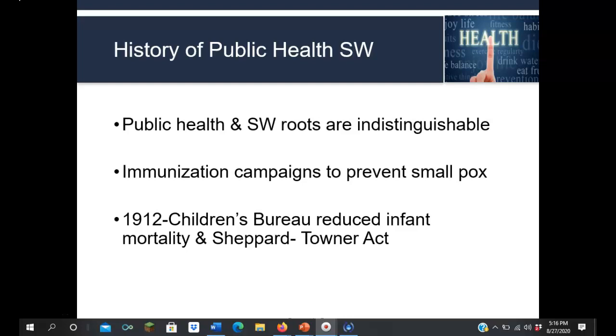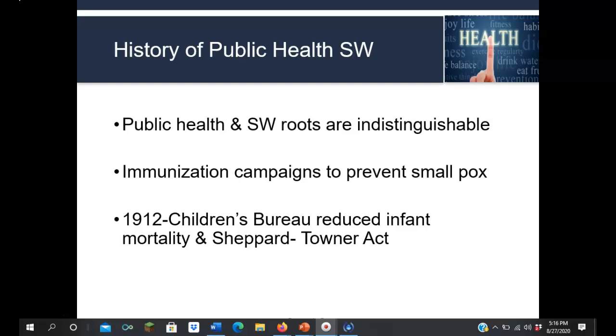The Sheppard-Towner Act, more commonly known as the Promotion of the Welfare and Hygiene of Maternity and Infancy Act, was federal funding that was supposed to be earmarked for maternity and child care. It was sponsored by a senator in Texas and a representative in Iowa.